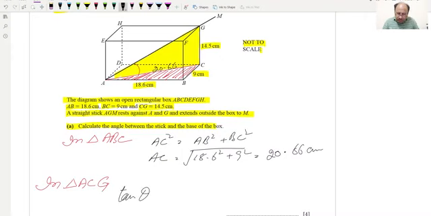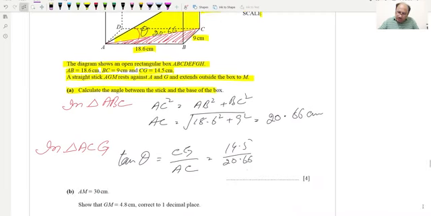So tan theta is equal to CG over AC, which is equal to 14.5 over 20.66, and this implies what?